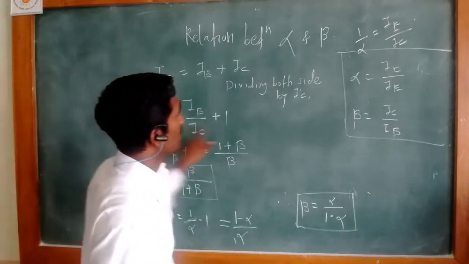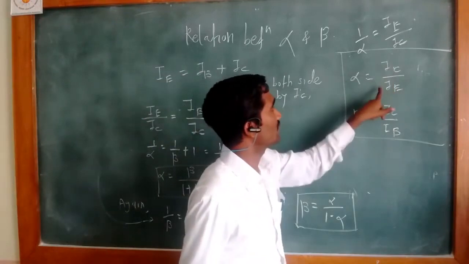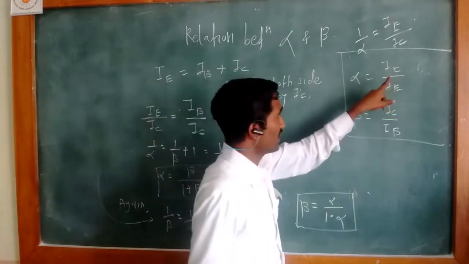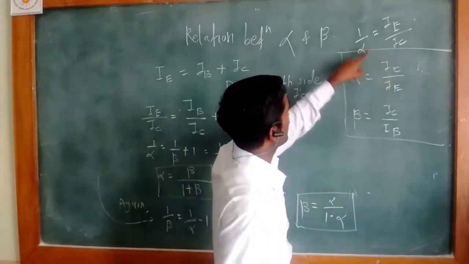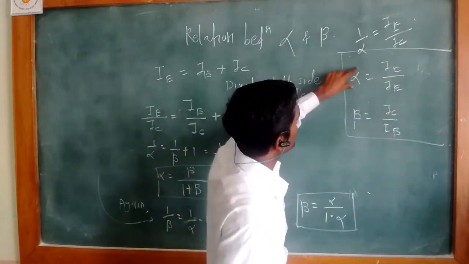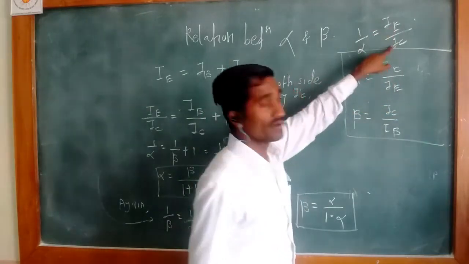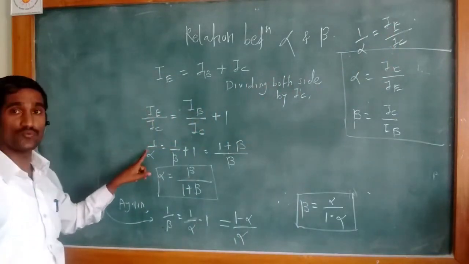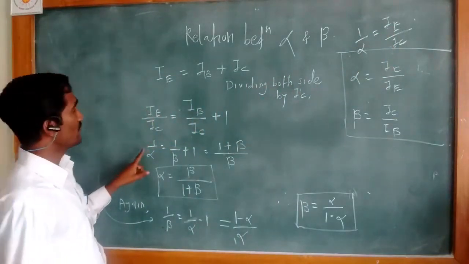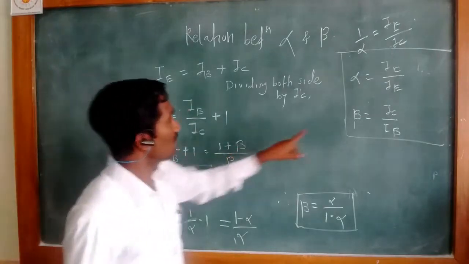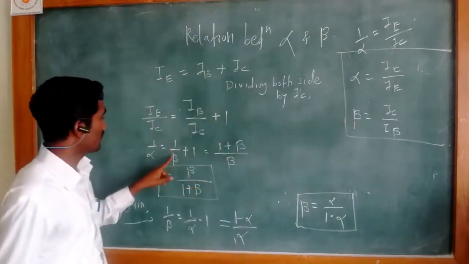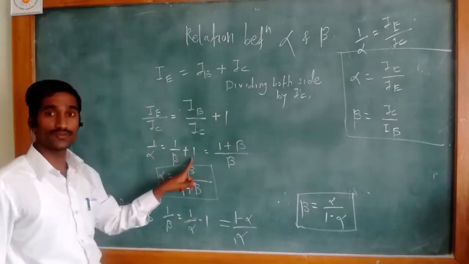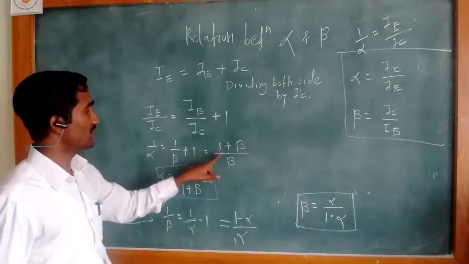Also we know that alpha is equal to IC divided by IE. If we arrange this equation, we get 1 divided by alpha is equal to IE divided by IC. Similarly, we can rewrite IB divided by IC as 1 divided by beta, so IE divided by IC is 1 divided by beta plus 1, which is 1 plus beta divided by beta.